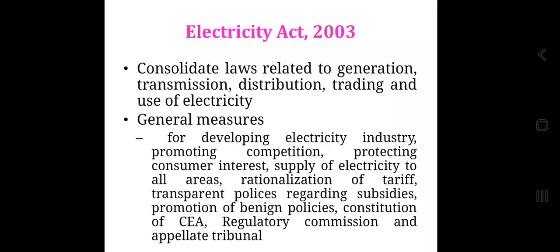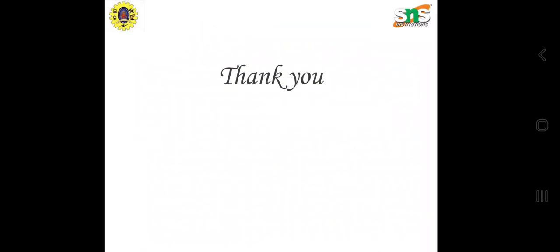So, it consolidated laws relating to generation, transmission, distribution, trading, and use of electricity. The general measures required are developing the electricity industry, promoting competition, protecting consumer interests, and supplying electricity to all areas. So, even rural electrification through biomass was developed after this Act.